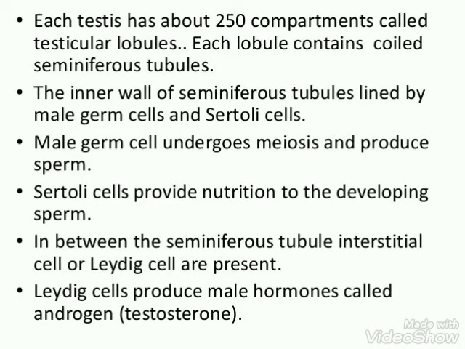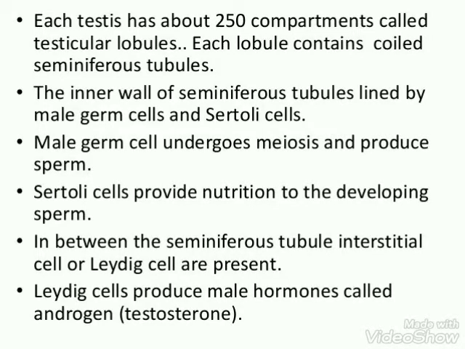Each seminiferous tubule is lined on its inside by two highly specialized cells called male germ cells or spermatogonia and Sertoli cells. Spermatogonia undergo meiotic cell division to produce sperm. Sertoli cells or nurse cells provide nutrition to the germ cells or spermatogonia.